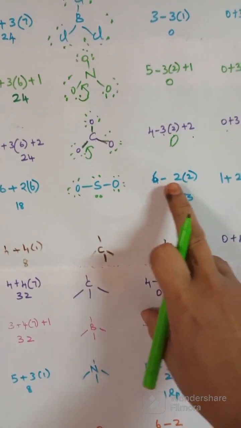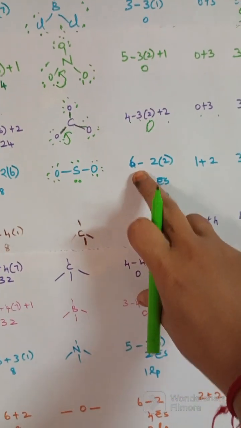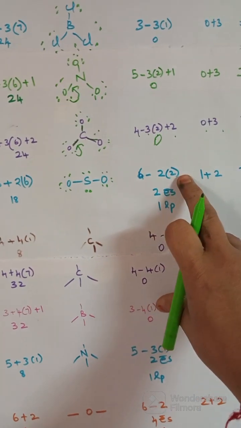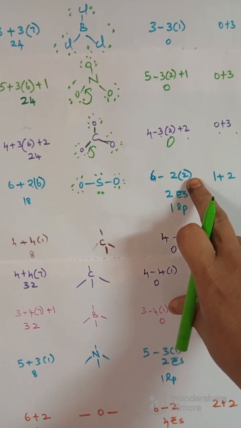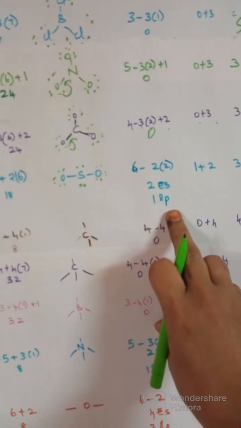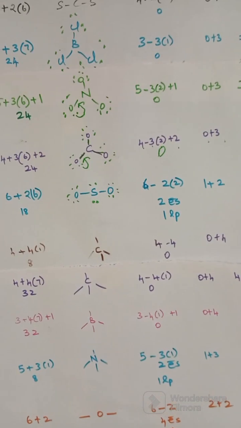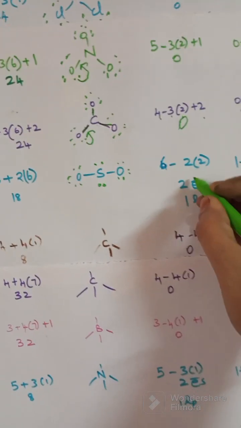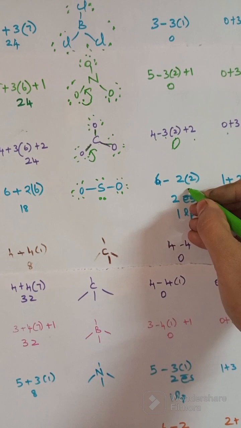So when you write this, for lone pairs, 6 minus group number of the central atom minus 2 into 2, valency of oxygen. So 2 electrons means 1 lone pair. Six minus 2, so for sulfur dioxide there is only 1 lone pair.